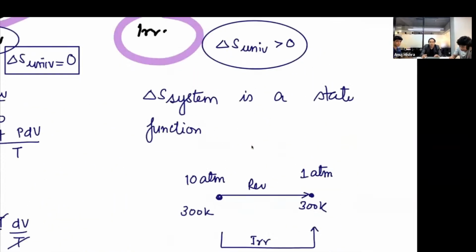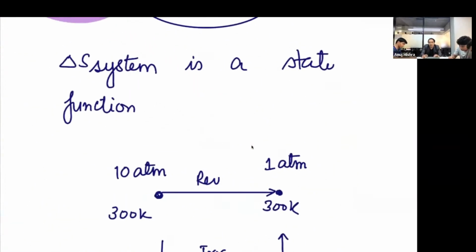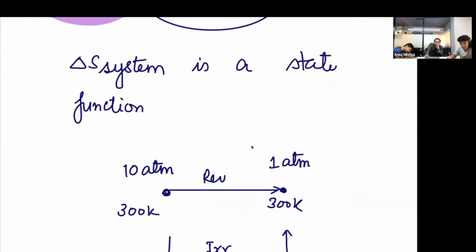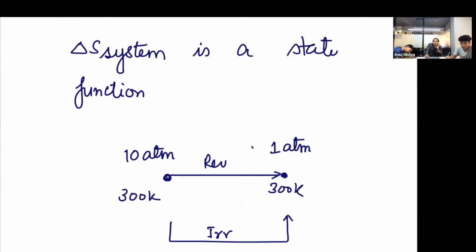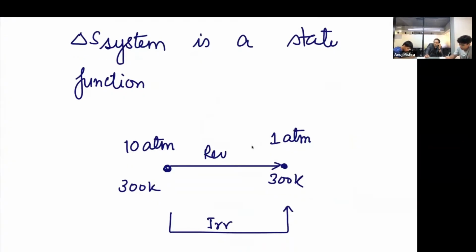Delta S system is a state function. You are starting from 10, 300 to 1, 300 in both the situations, be it reversible, be it irreversible. So since my endpoints are same, my delta S system will be same, since it is a state function.